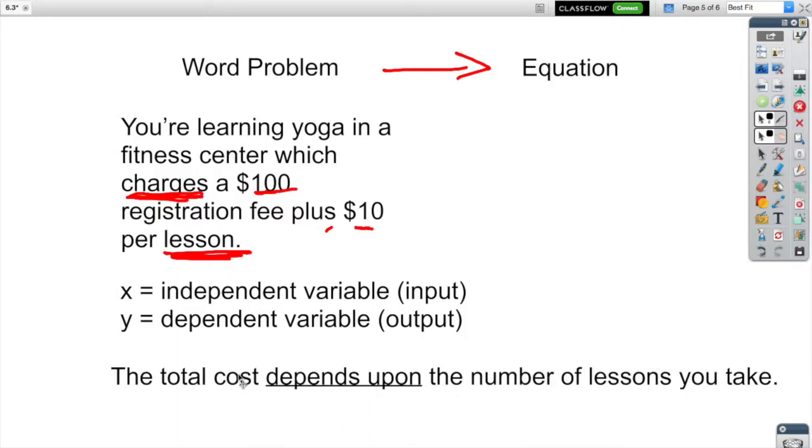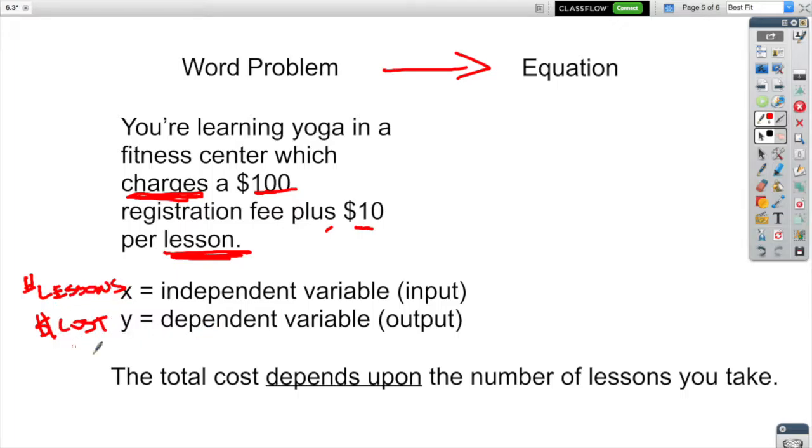So in this case, X is going to be the number of lessons, and Y will be the total cost. That's something you're going to see quite often in the upcoming chapters, independent versus dependent variables.